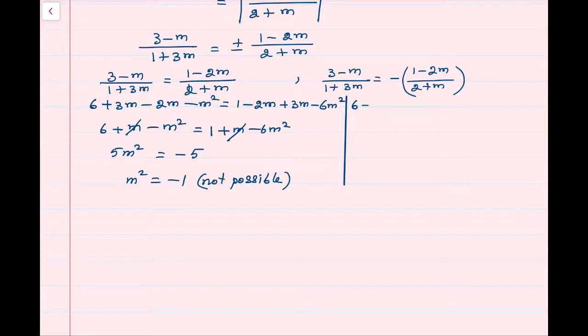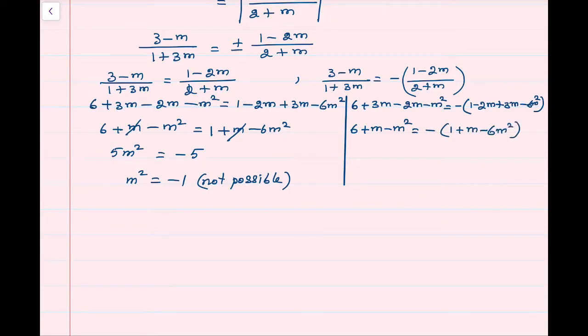6 plus 3m minus 2m minus m square is equal to minus of 1 minus 2m plus 3m minus 6m square. 6 plus m minus m square is equal to 1 plus m minus 6m square.